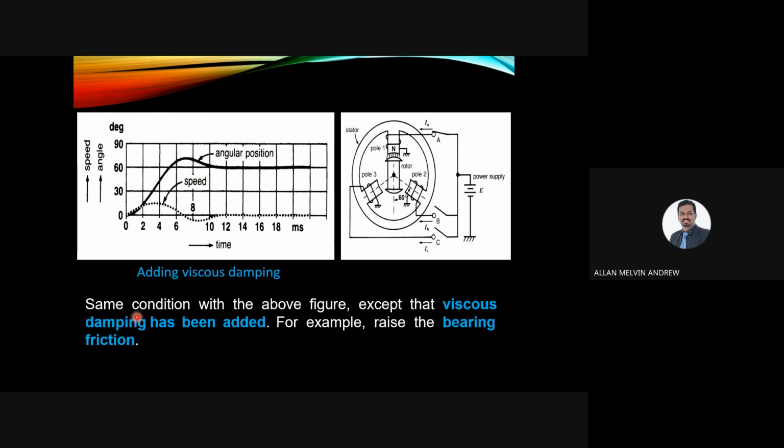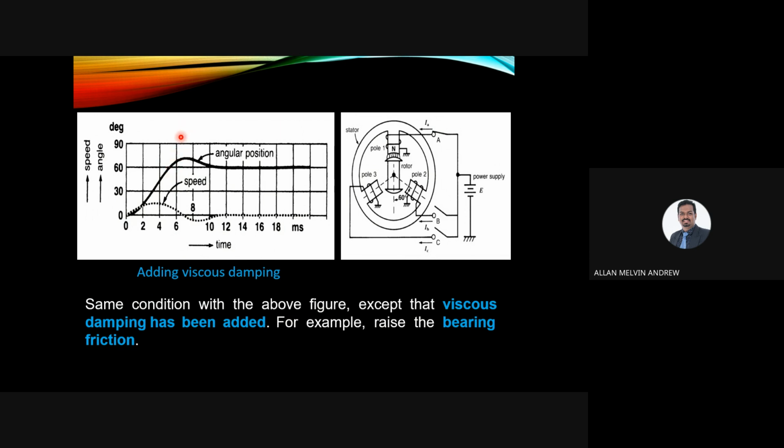So it's the same condition with the above figure. Okay, so compared to previous slides, it's the same, but here we are adding a viscous damping. So for example, we can add friction for the bearing. Okay, so we can see the effect. So it goes to 60.